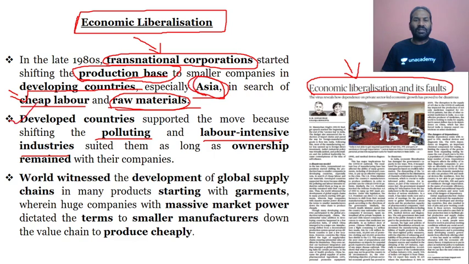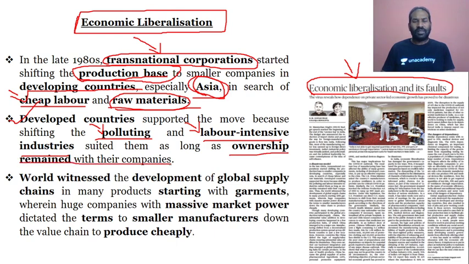So the developed countries shifted the production base, wherein all the production involved in polluting and labor intensive industries was shifted to the developing countries. That was in the midst of economic liberalization, but the entire ownership remained with them.